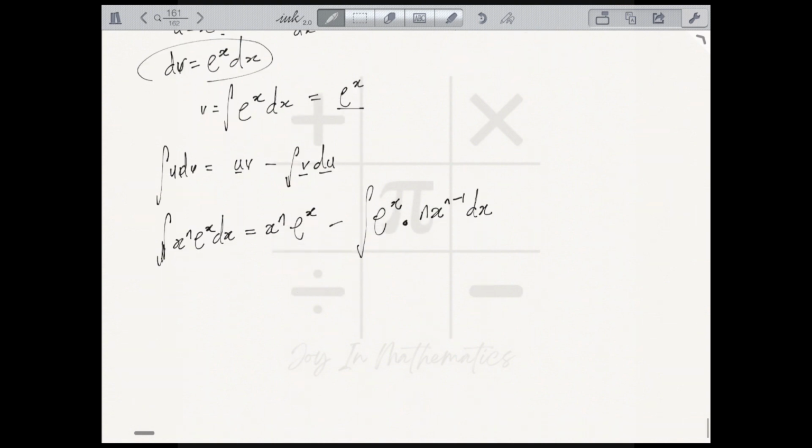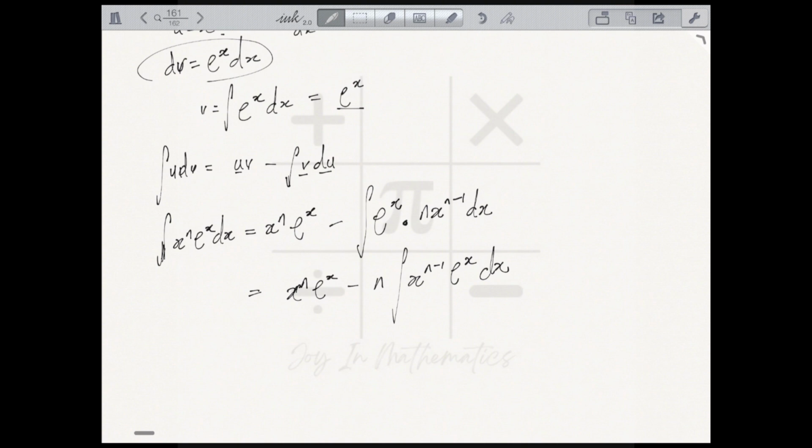Now this will be equal to x raised to the power n exponential x minus n, a constant which can be brought outside, times the integral of x raised to the power n minus 1 exponential x dx.